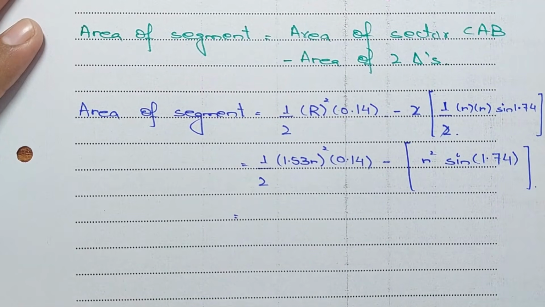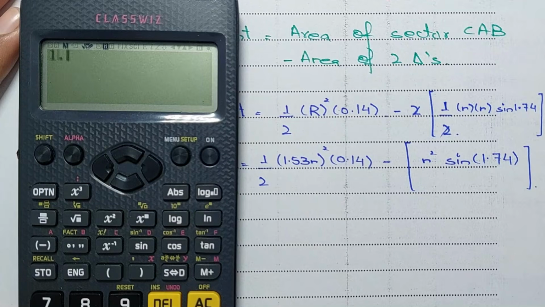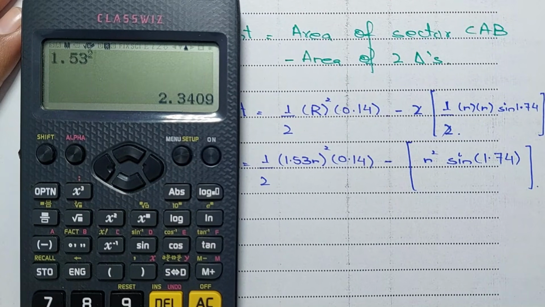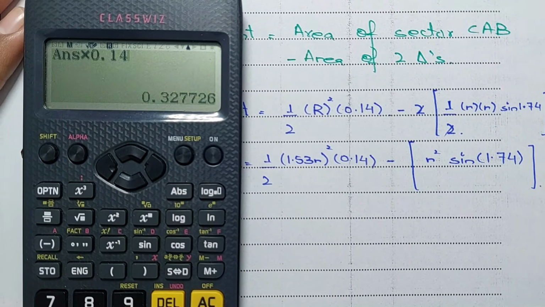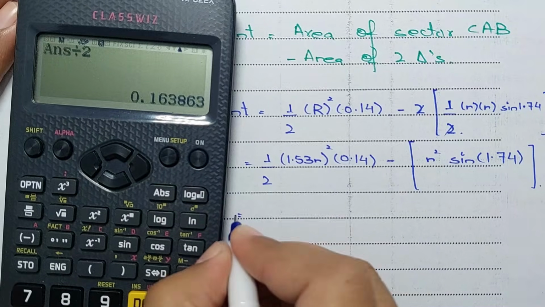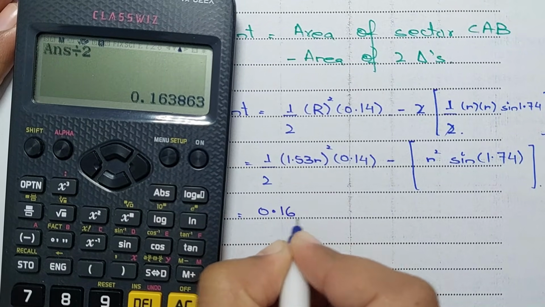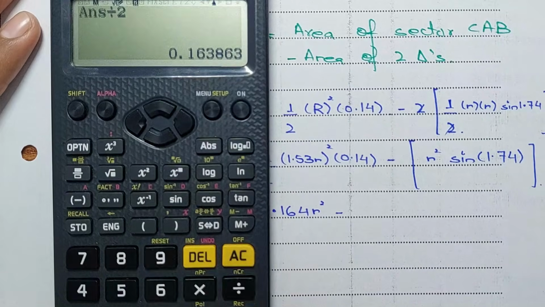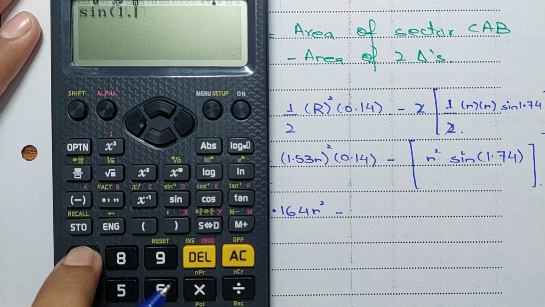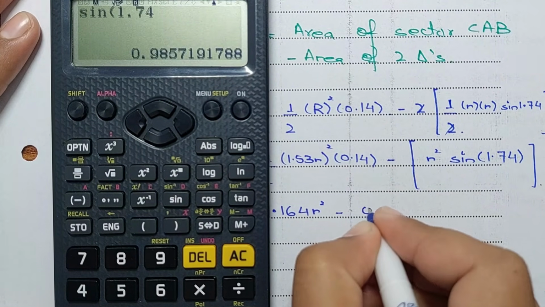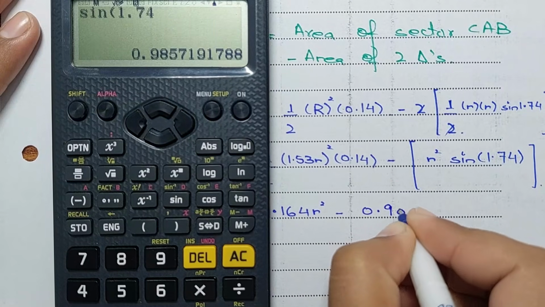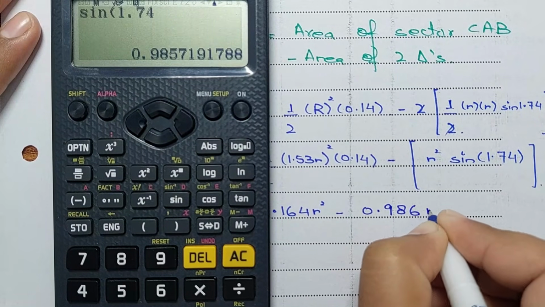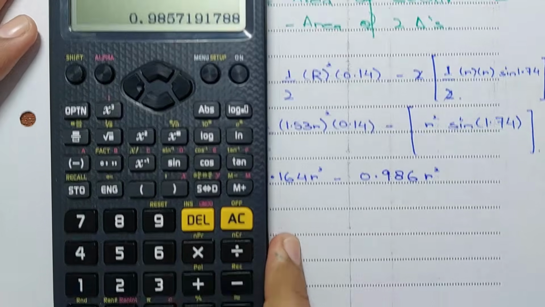Now the segment area, we can say this is 1.53 square multiply 0.14 divided by 2. This would be 0.164 r square minus, what is sine of 1.74? 0.986 r square. Up to 3 decimal place I simplified, right?